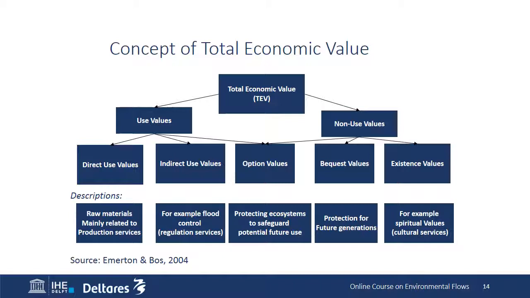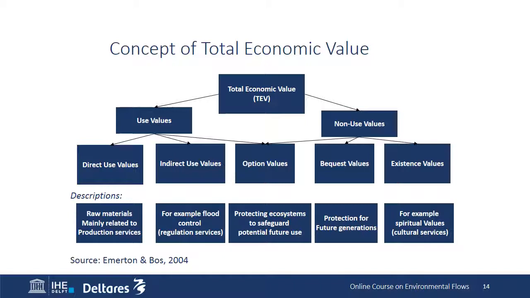Total economic value is split into use values and non-use values. Use values are again split into direct use values, which are, for example, materials that people use, the actual products that people take, and indirect use values, which are more related to those regulation services.